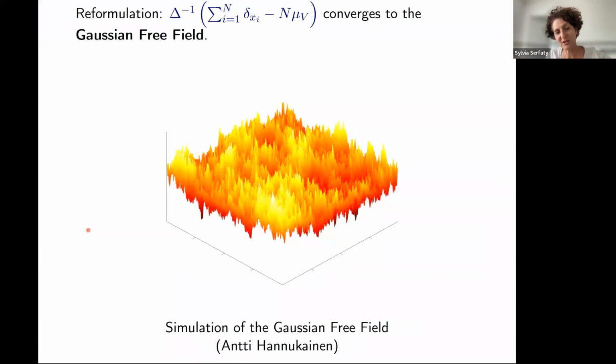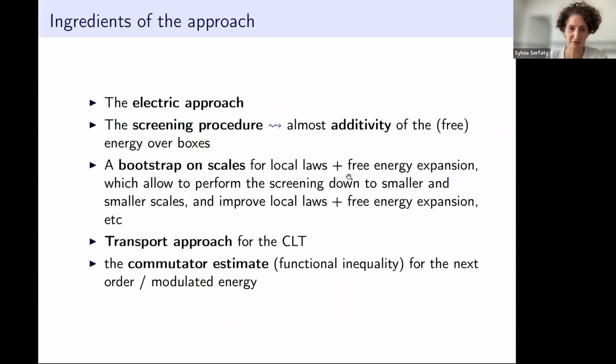And in probabilistic language, this can be expressed as the fact that the Coulomb potential generated by the fluctuation, so this inverse Laplacian, the H that I was talking about before, converges to the Gaussian free field, which is this well-known probabilistic object, a sort of 2D analog of Brownian motion, a random surface. So that is the limiting behavior of the fluctuations.